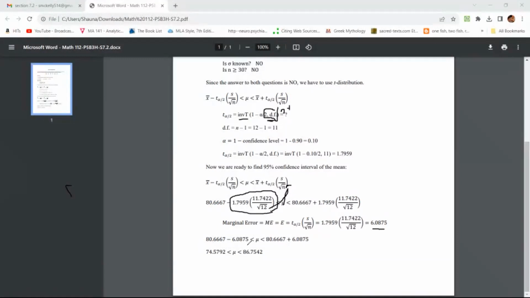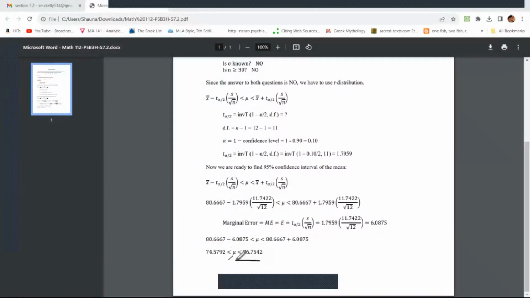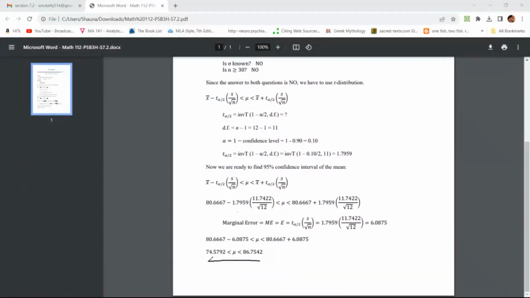So she's subtracting the error here and adding the error over here to get her final answer, which is right here. Okay, that's how this works. Any questions about that?